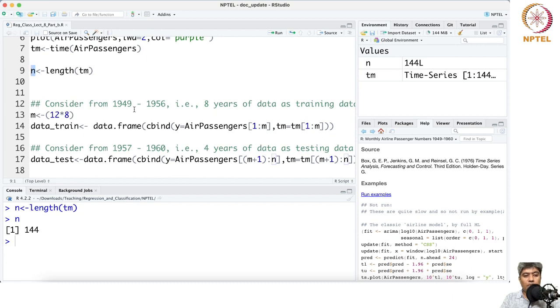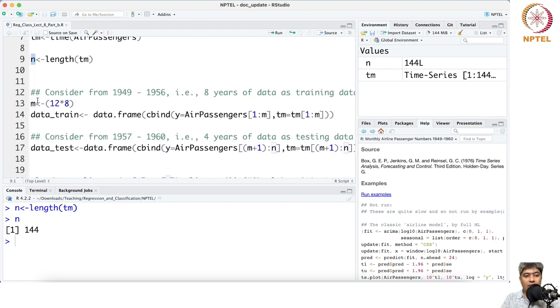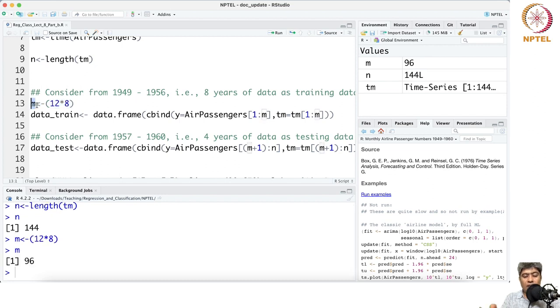We consider 1949 to 1956, that is 8 years of data, as training data. 12 times 8, because every month we have 12 months of data over 8 years. So we are going to use 96 data points out of the 144 data points as training data.